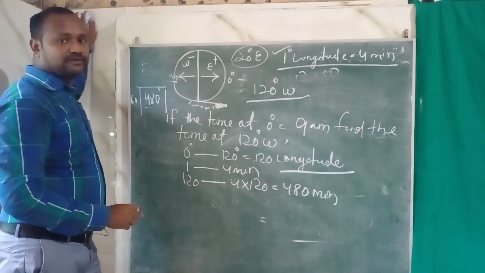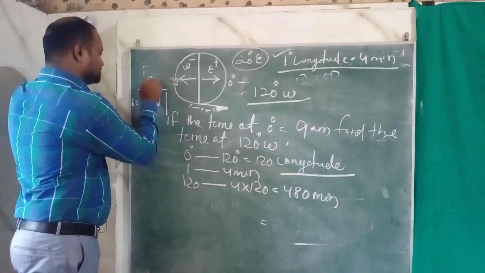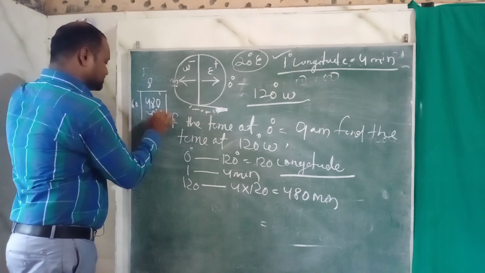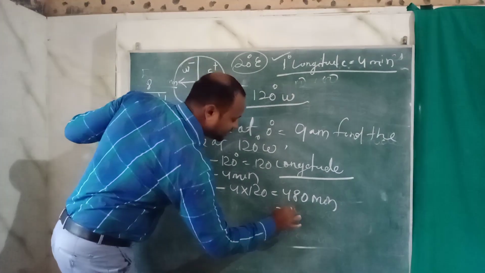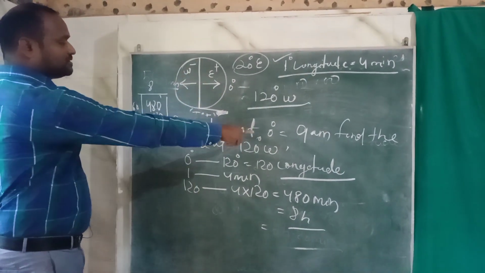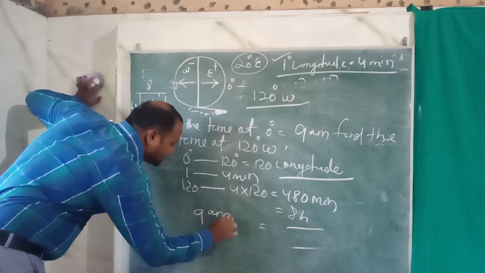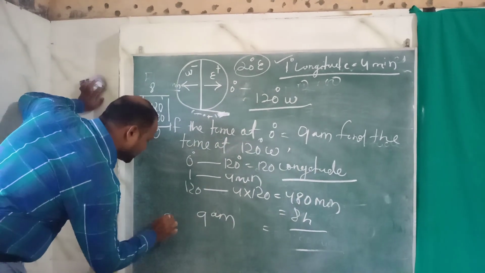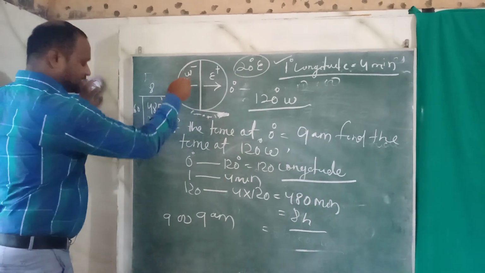Can you remember the time? Okay, 6 8s are 48, so 480 divided by 60 is equal to 8 hours. So what is the time at 0 degree now? It is 9 am. Student, here we have to subtract the time because it is located in west.